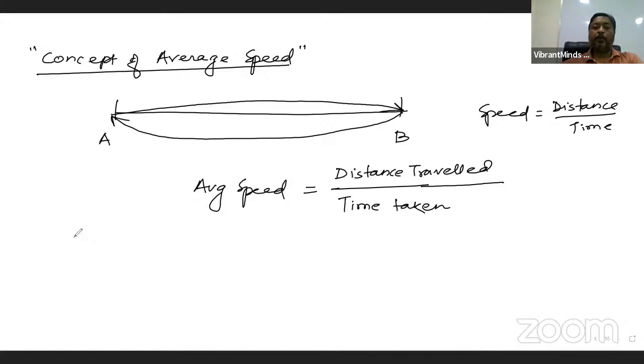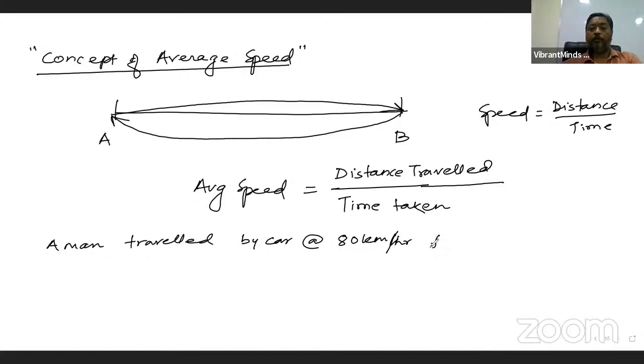Okay, now let's say I am giving you one example. A man traveled by car at 80 km per hour for 2 hours, and 60 km per hour for 4 hours.